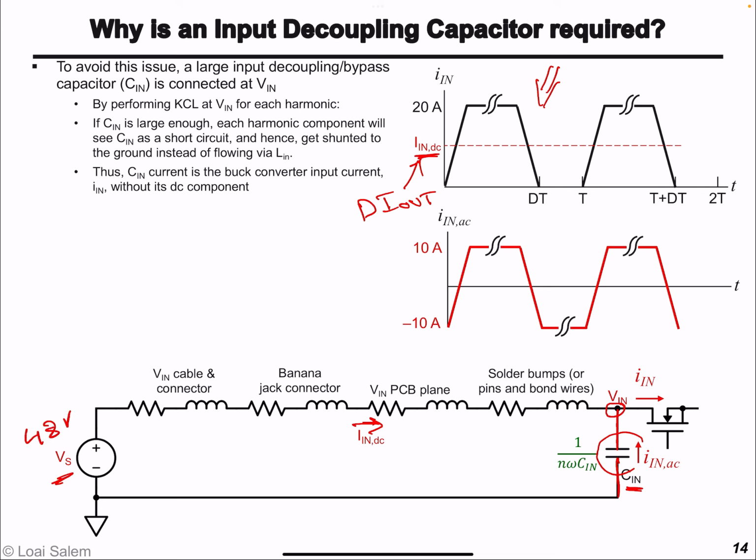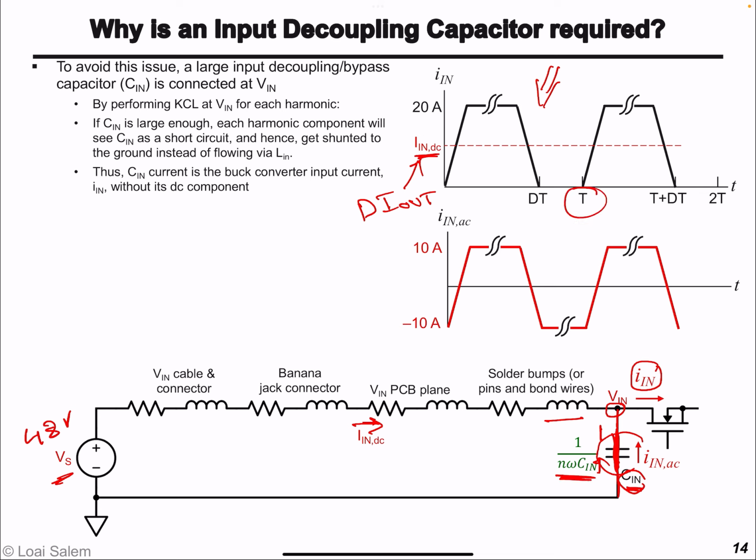As for the harmonic components of the input current, they will see this branch in parallel with this branch. If we assume Cin to be very large in value, this branch will act as a short circuit at the fundamental as well as the harmonics of the switching frequency we are using in the buck converter.